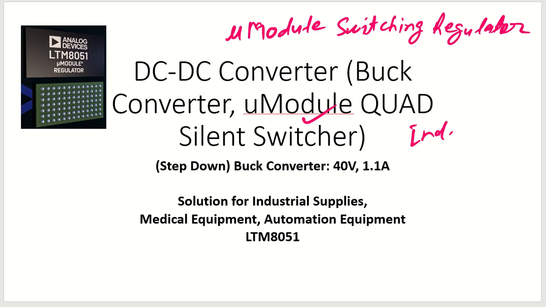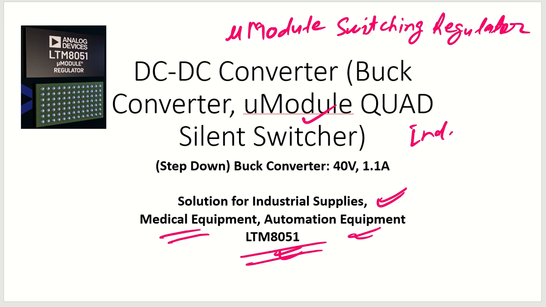We'll try to understand this micro module switching regulator design with one example, and that example will be the LTM8051. This is going to be a very good IC as well. It can give you a real-time application for your industrial supplies, or it can be used in medical equipment, automation equipment, and some measurement equipment like oscilloscopes.